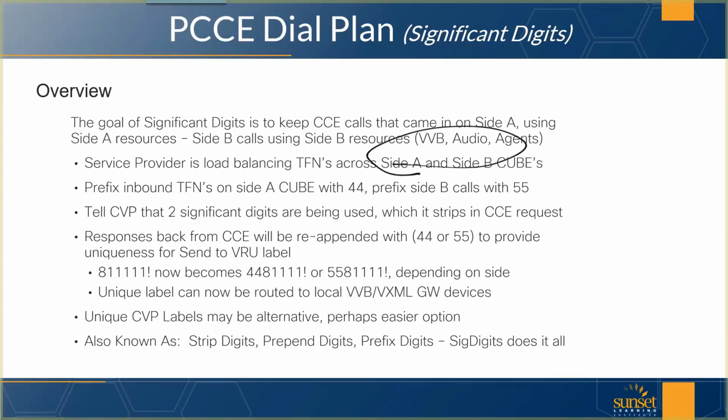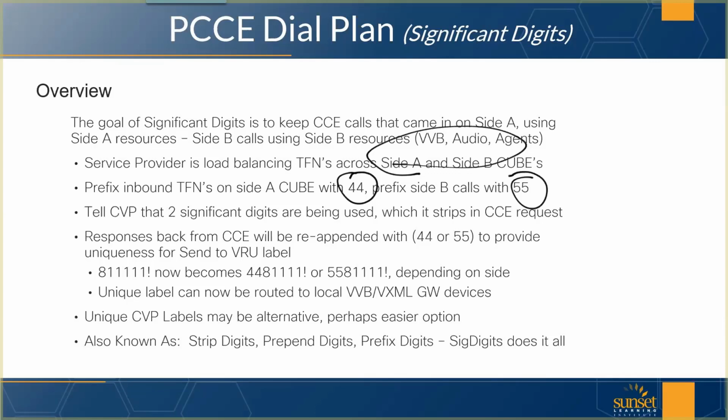So what we're going to do when the dial number comes in, we're going to prefix side A with a particular, in this case, 2-digit prefix, and side B with another 2. So we need to tell CVP that we've added a couple of these digits, because it needs to strip that off when we're delivering that dial number into ICM as a dial number, otherwise it won't recognize it.